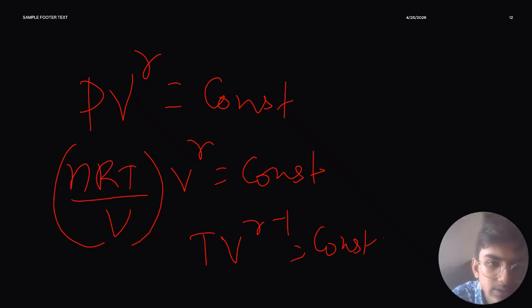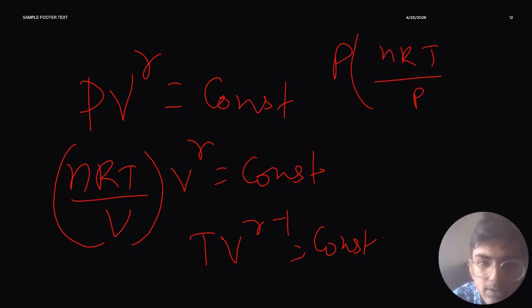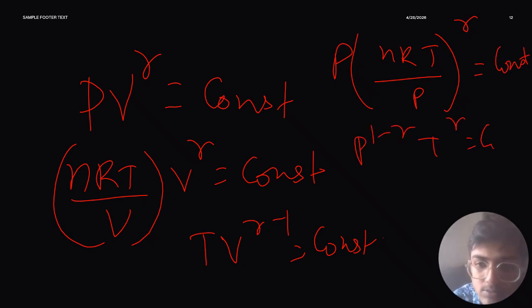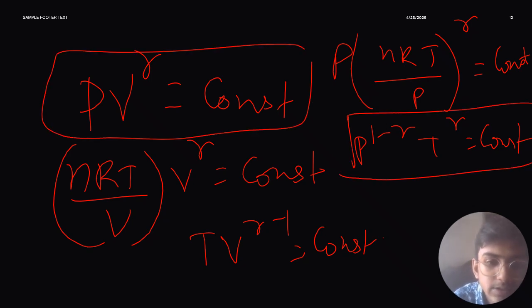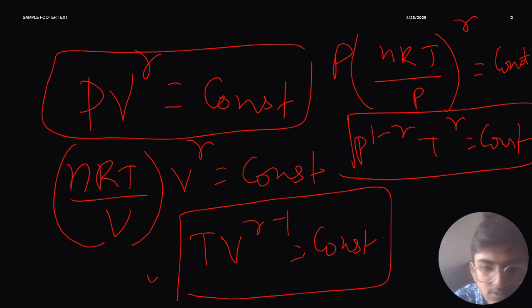Again writing volume in terms of temperature and pressure, it will be nRT by P power gamma is equal to constant, so P to the power 1 minus gamma times T power gamma is equal to constant. And here we go with the three results which we stated in the previous slide.